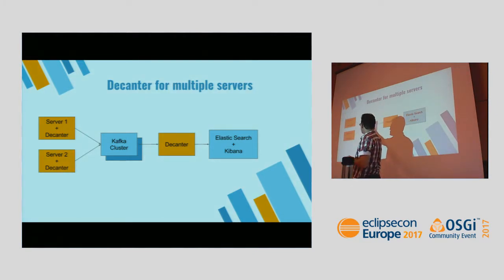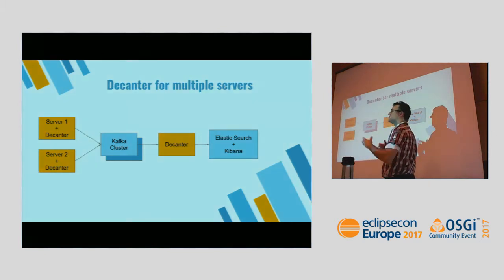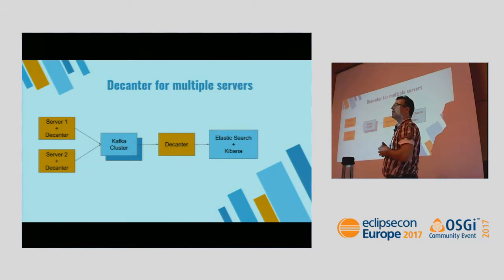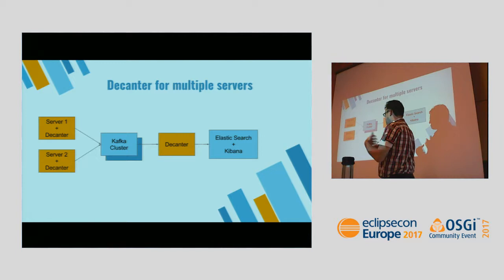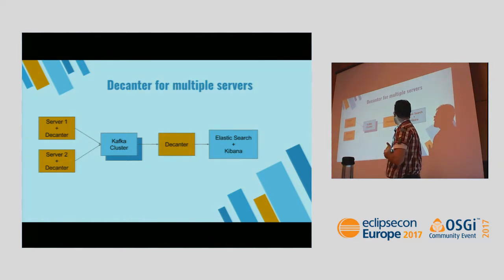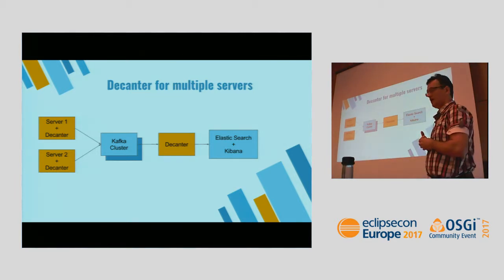And you send it to Kafka, and from there, you can use Decanter to take that from Kafka again as a collector. There's not only a Kafka appender, but also a Kafka collector. Maybe post-process some of that information and send it out again using the Elasticsearch appender to a normal Elasticsearch instance. And you can look into all this information with Kibana.